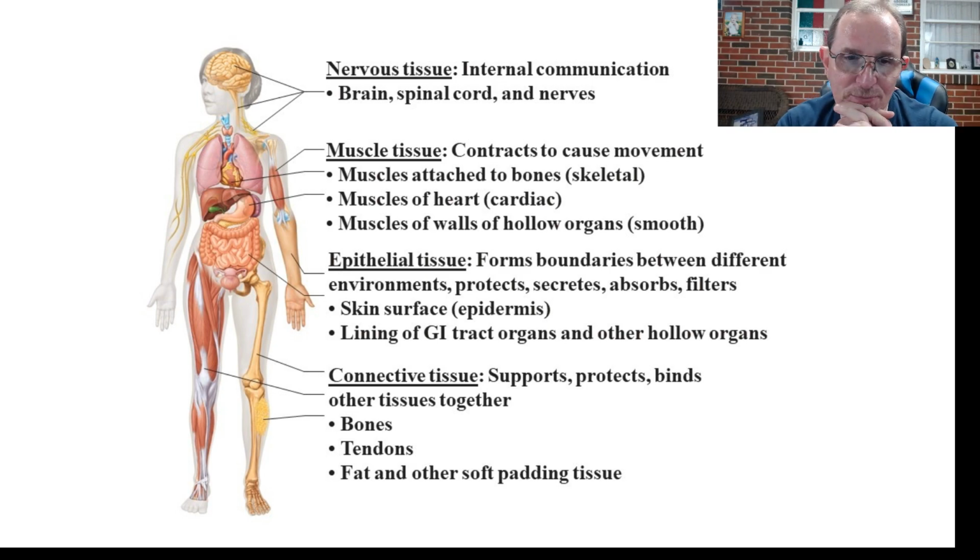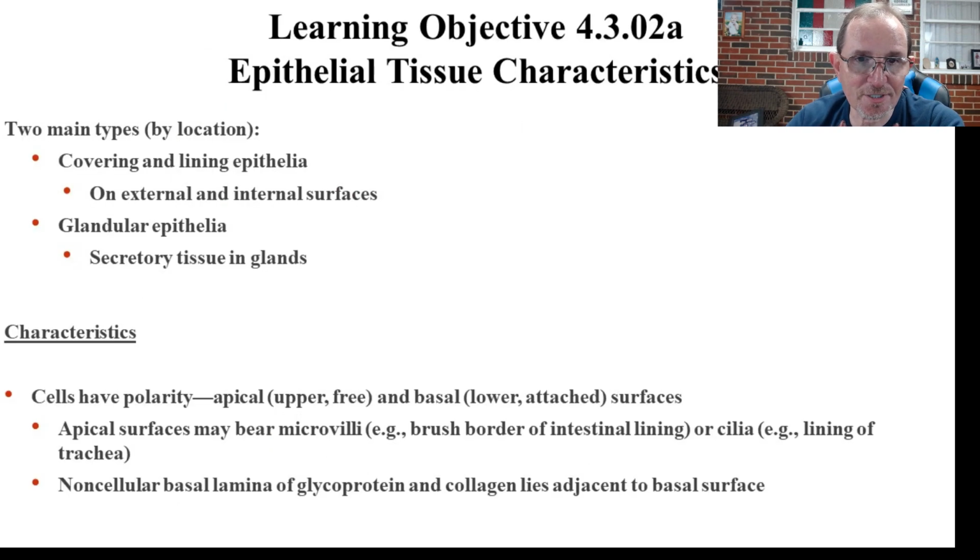Dense regular connective tissue. Fat, adipose tissue, is connective tissue. Blood is a connective tissue. So there's a lot: cartilage, bone, all of these, and we'll talk more about those in the upcoming slides, guys. We don't get bogged down. This is just introductory.